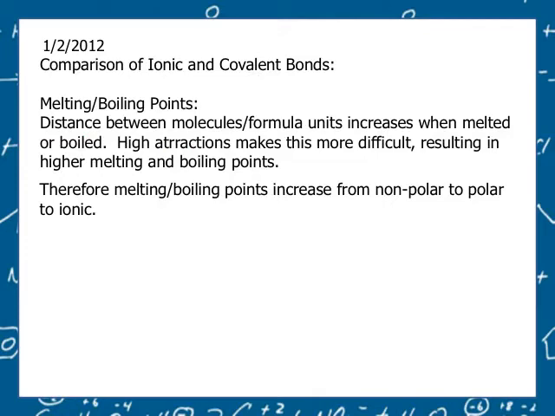So what this means for us is that the melting and boiling points increase from nonpolar, very low attractions, very easy to increase the distance between molecules, to intermediate polar, to on the very high end ionic compounds with lots of attraction, so it's very difficult to increase the distance to melt or boil the compound.